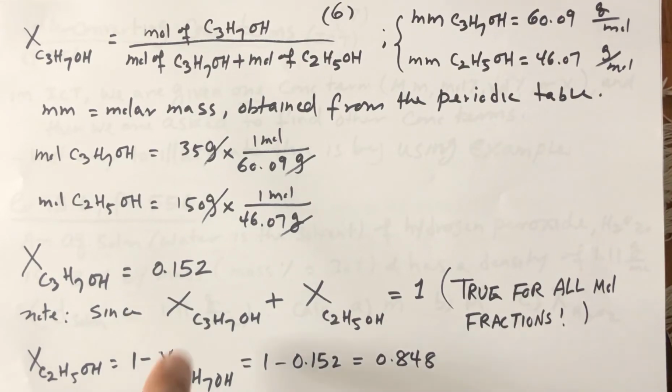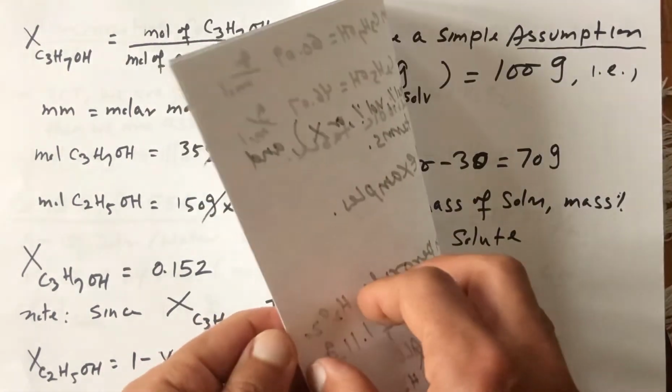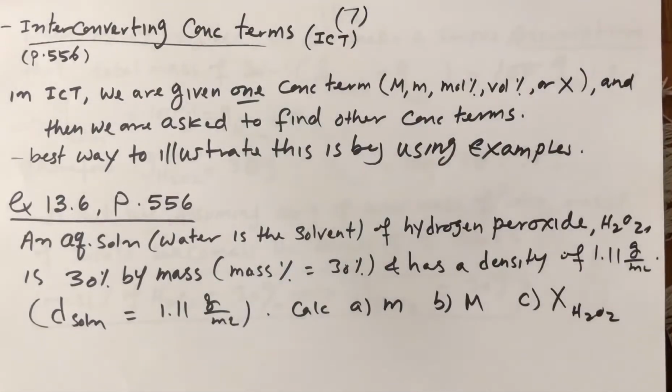So 1 minus 0.152 gives you the mole fraction of the other component. It's pretty much like the mass percent calculation. Once you calculate one, you can calculate the other one easily.